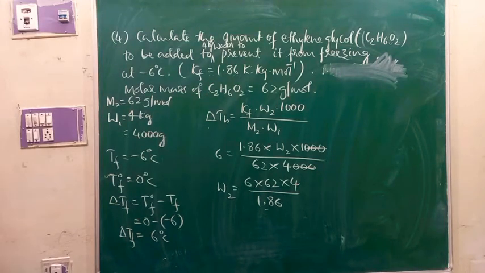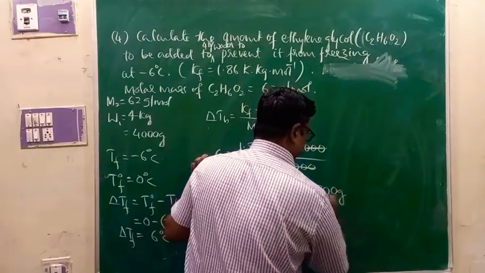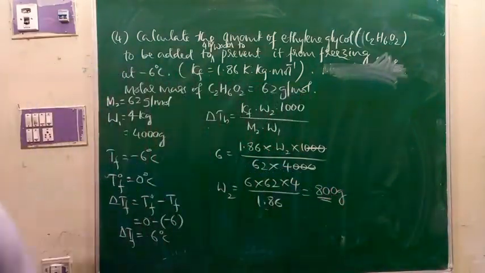It comes out to be around 800 grams. It will be 800 grams. And then 800 grams of ethylene glycol to be dissolved in 4 kg water, so that you can prevent the freezing of water at minus 6 degrees Celsius, right?